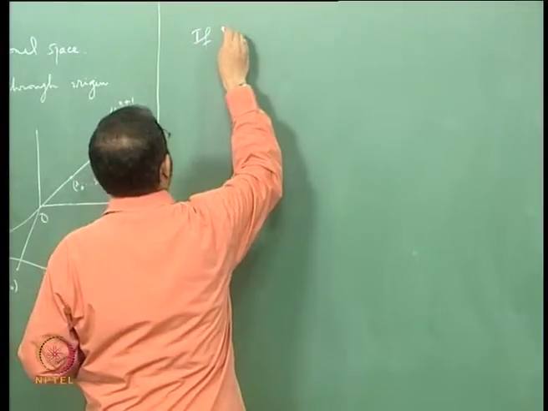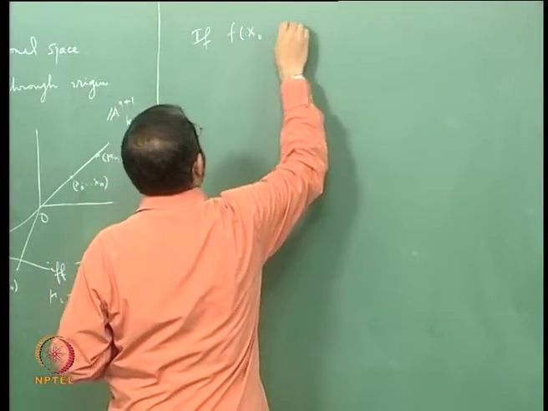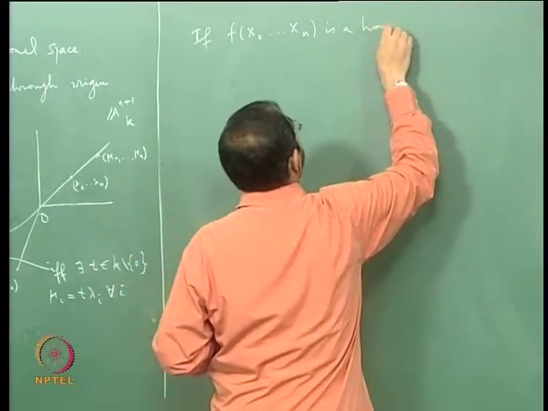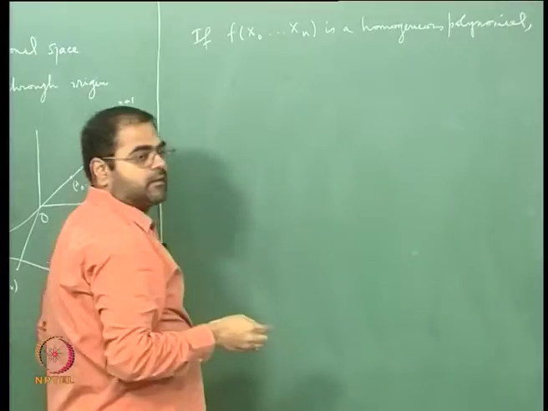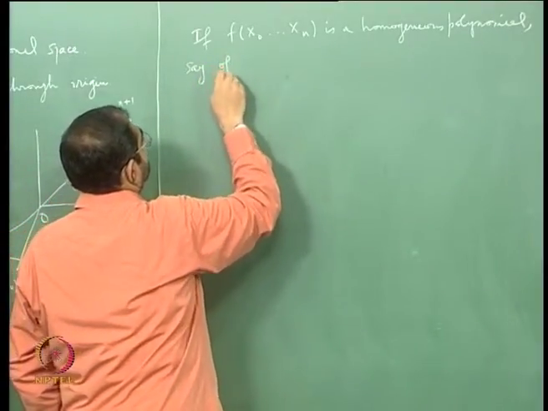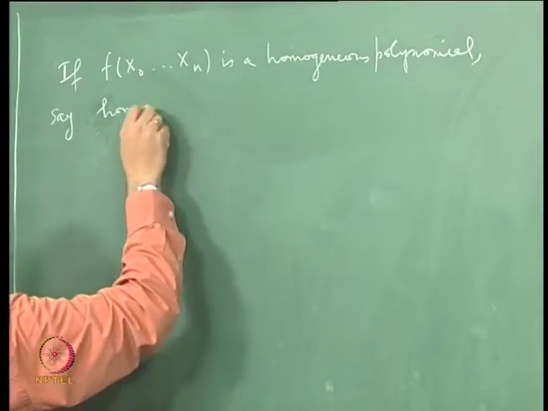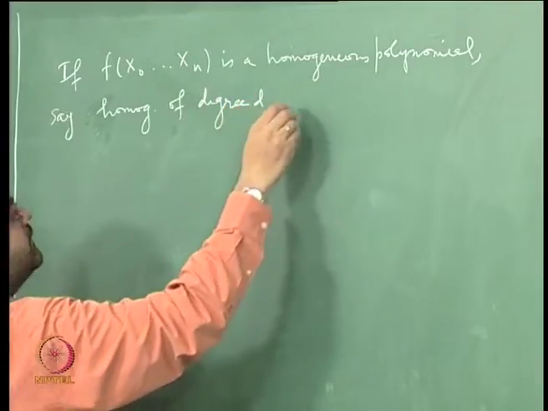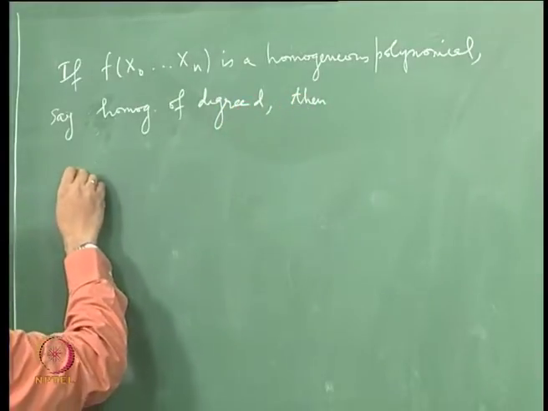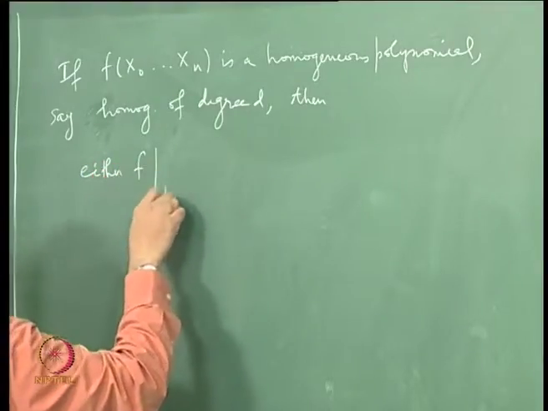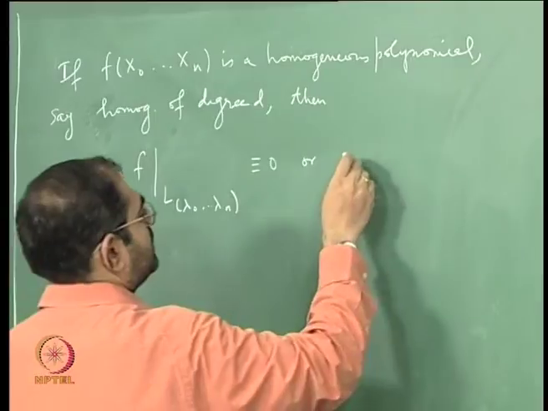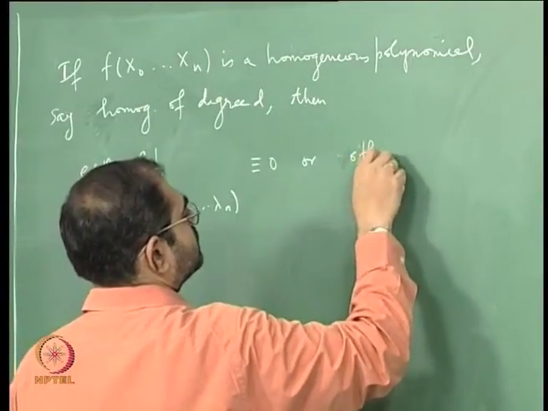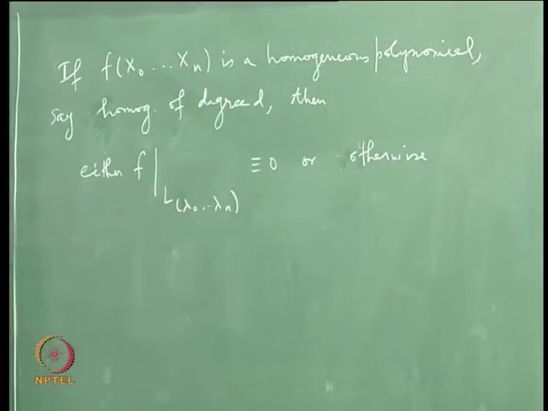If f of x0, ..., xn is a homogeneous polynomial of degree d, then either f restricted to the line through (lambda_0, ..., lambda_n) is identically 0 or it is nowhere zero on that line otherwise.